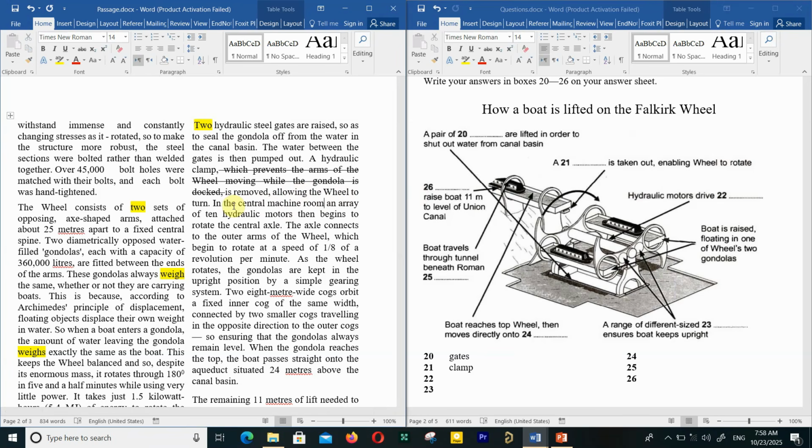That's going to help you a lot to find your clues and paraphrasing in the IELTS reading passage. Here: in the central machine room, an array of 10 hydraulic motors then begins to rotate the central axle. "Begins to rotate" means drive. So the answer is the central axle, but because we need just one word, axle is the right answer.